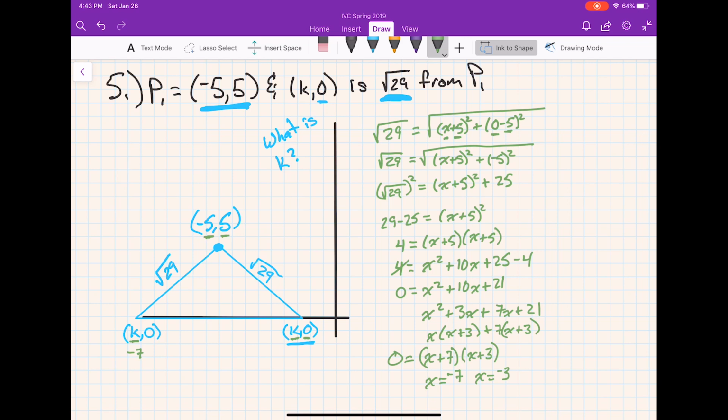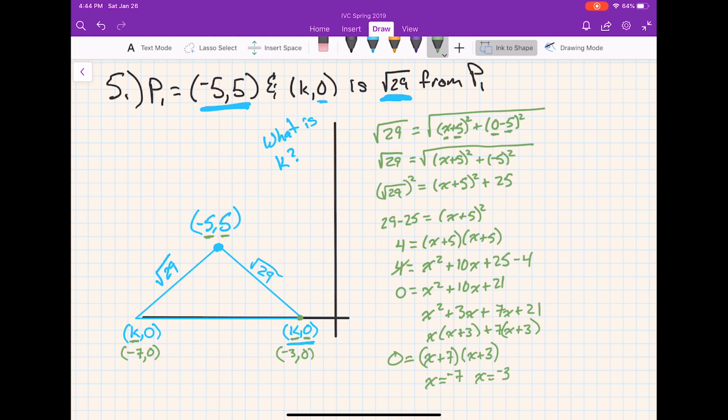So negative 7 comma 0 here, and negative 3 comma 0 here. Those are the only two coordinates on the x-axis that are going to actually have a distance of square root of 29 and intersect that axis.